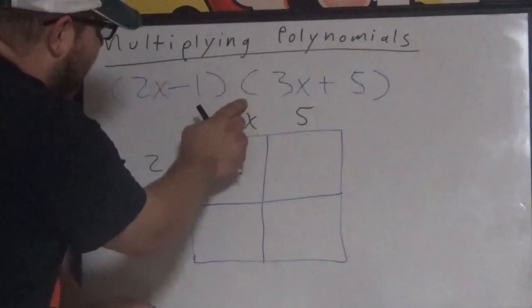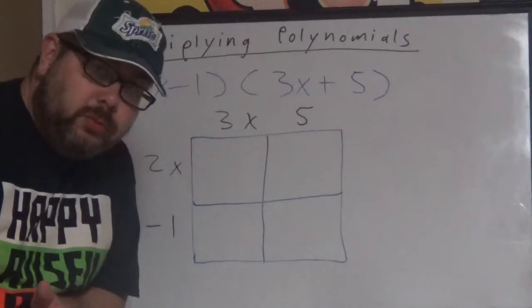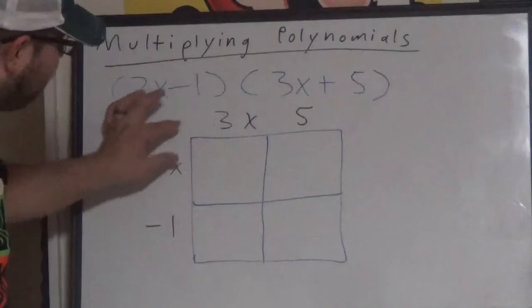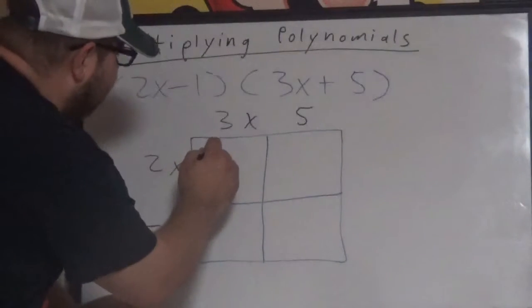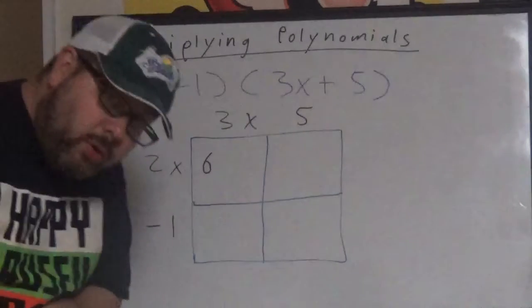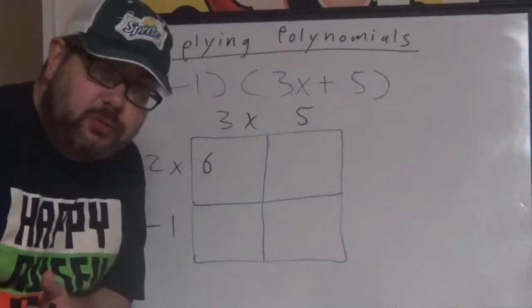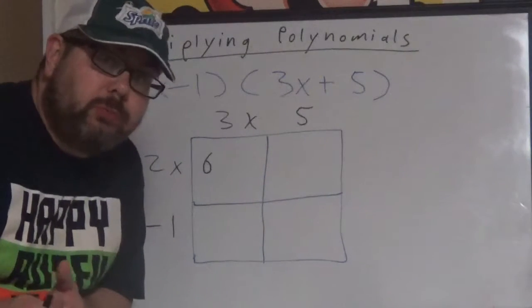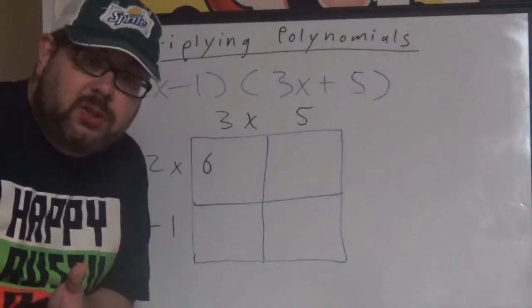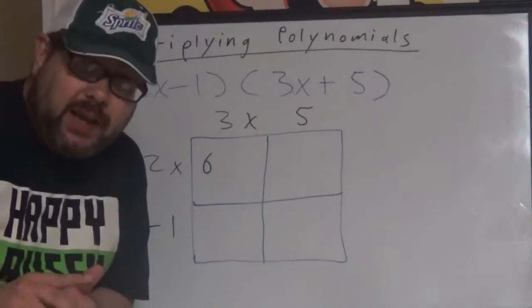We have 2x times 3x. Often it's a good idea to multiply numbers and then variables. So we have 2 times 3, of course, is 6. And then we have x times x. This is probably the main part where students sometimes get confused. Because when we combine like terms, and we have like 2x plus 3x, we would add the coefficients and just put an x.